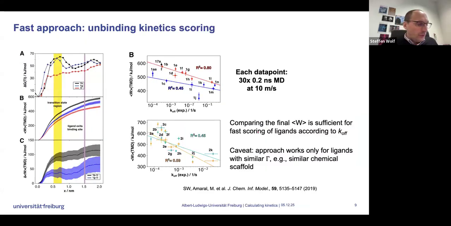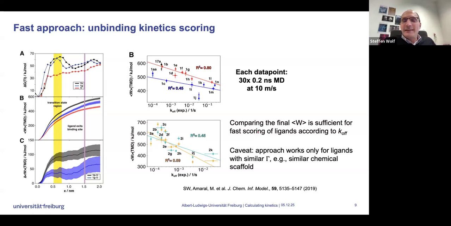In case you do not want to do that, there's a quick and dirty way of doing the same approach, where, in case you just have a library of compounds and you want to see which ones of them are fast and which ones are slow unbinders, you can simply take the ligand, pull it out of the binding site, check what is the average work that you need at the end in this ensemble of simulations to pull the ligand out, and then compare these values with each other.